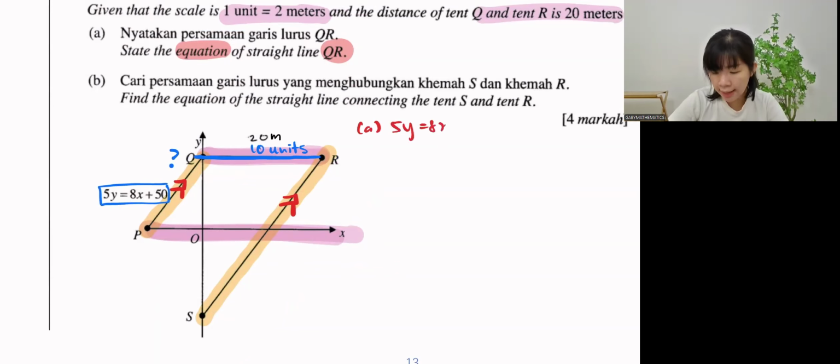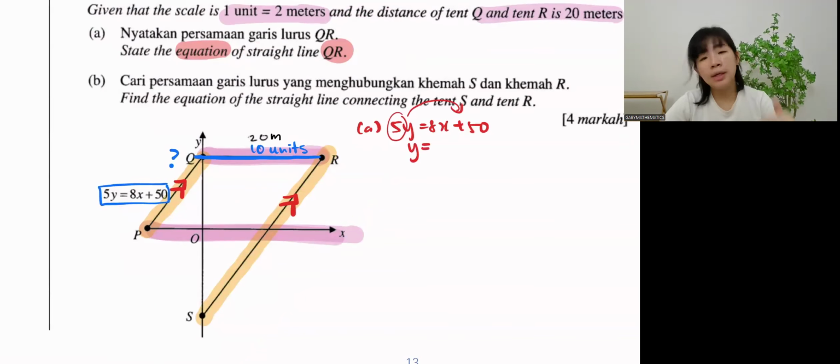5y equals 8x plus 50. So this is the given, but this is not in y equals mx plus c. So the 5 we bring over: y equals, divide by 5. Both terms divide by 5 separately. So 8 over 5 x plus 50 also divided by 5. 50 divided by 5, we get 10. Understand?